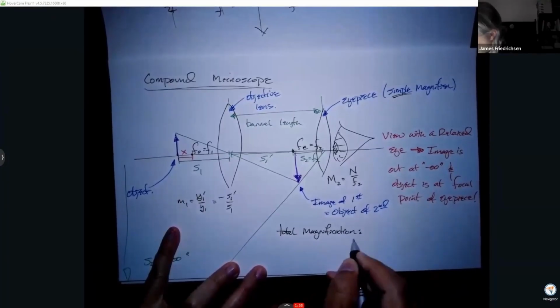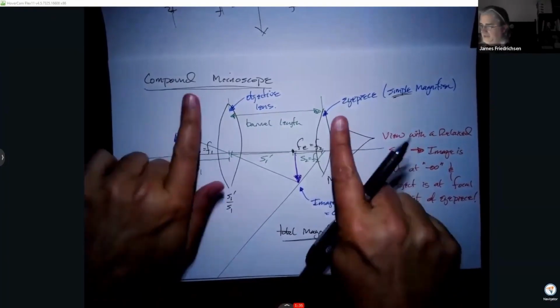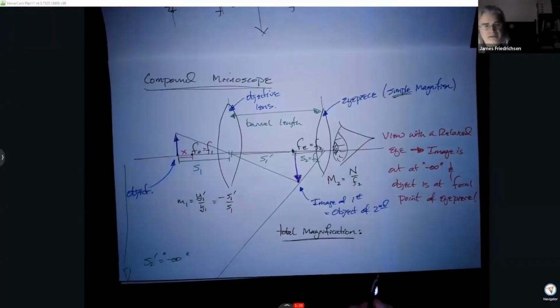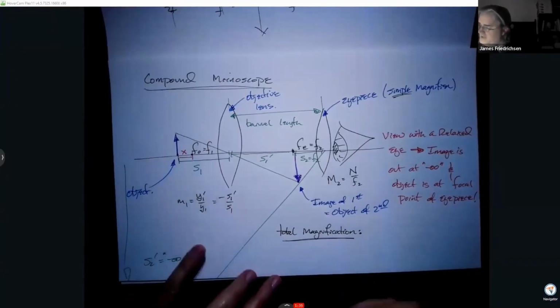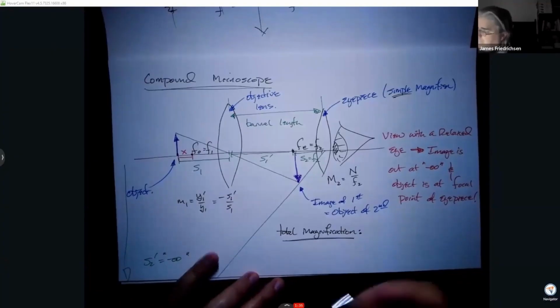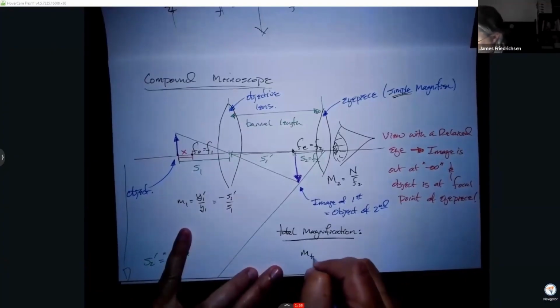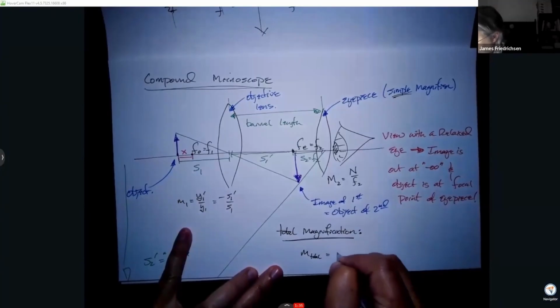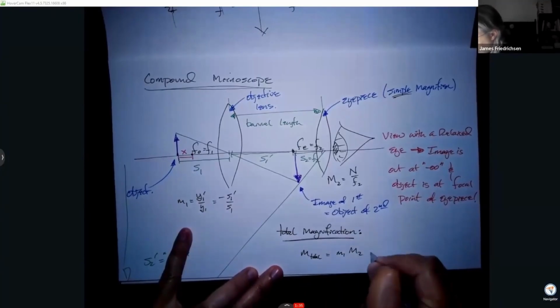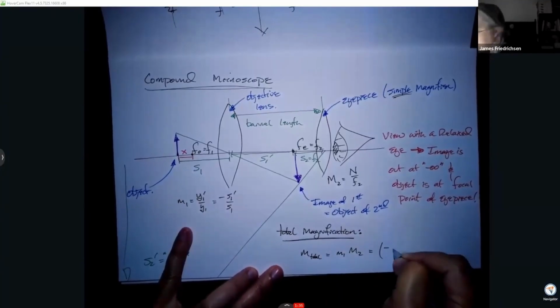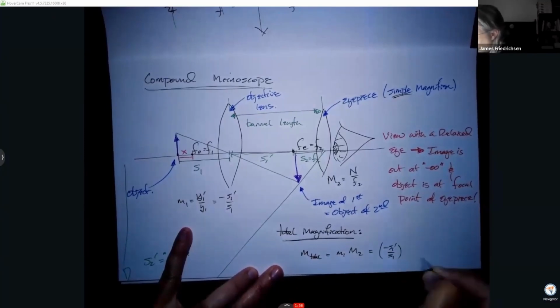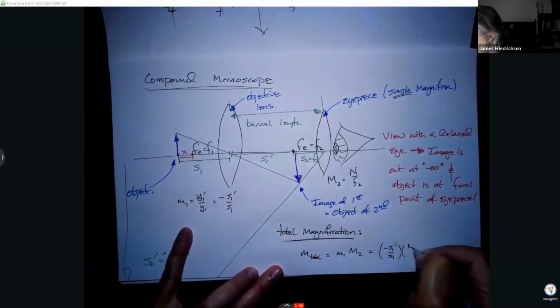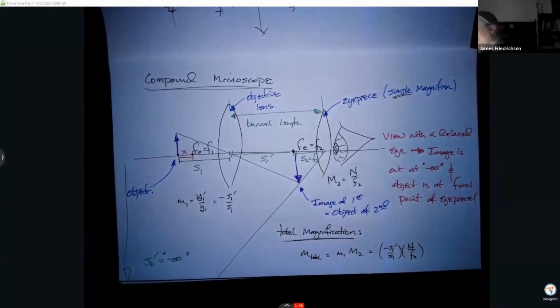Now, at the end of last class, we learned that when you have two lenses, the total magnification is just the product of the two magnifications. And so this is minus S1 prime over S1 times our near point over the focal length of the eyepiece, or lens 2.